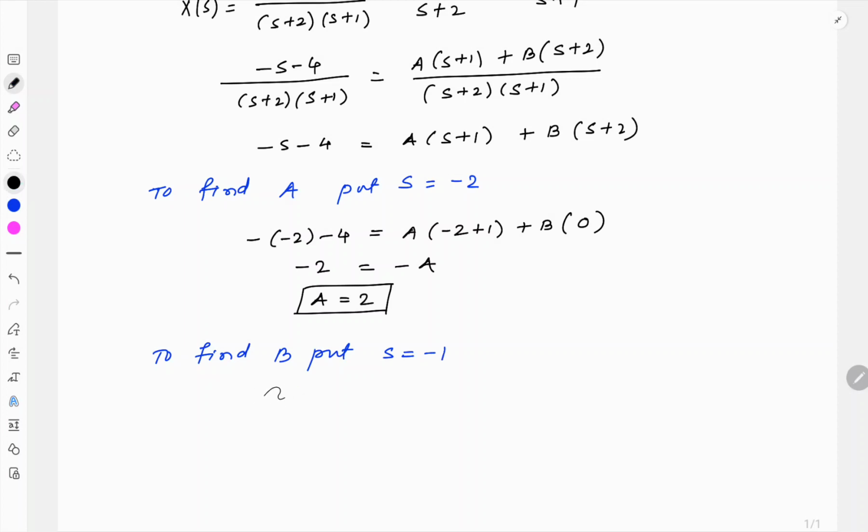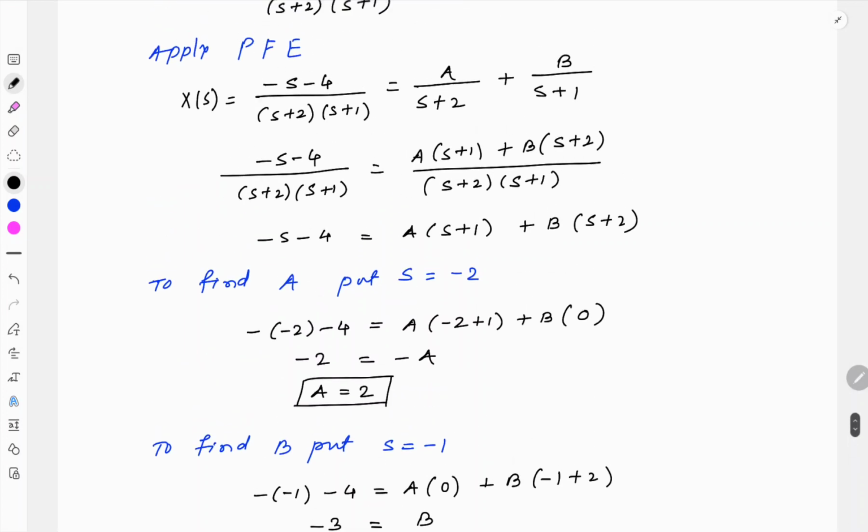So we have minus of minus 1 minus 4 equal to A into minus 1 plus 1 becomes 0 plus B into minus 1 plus 2. So minus 3 is equal to B. So we get B equal to minus 3.